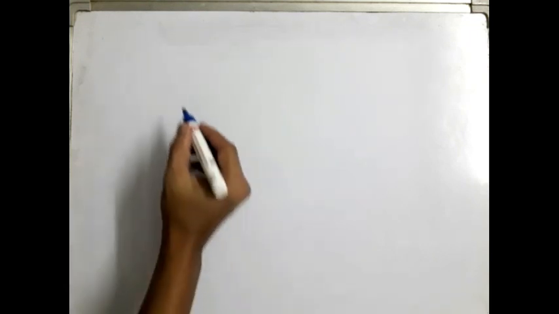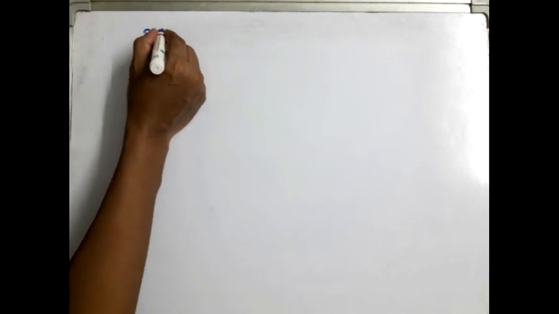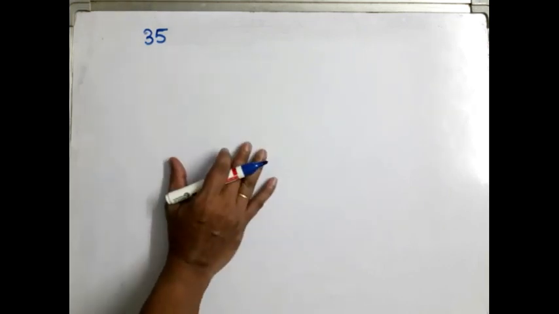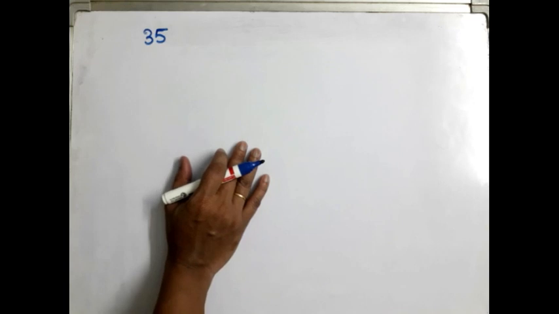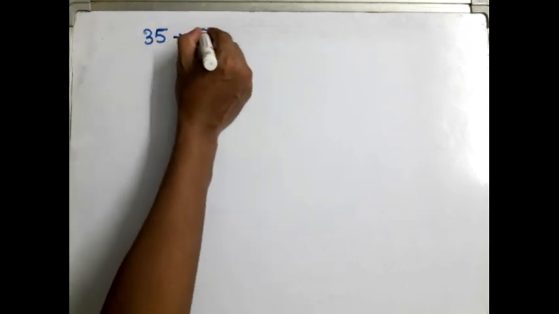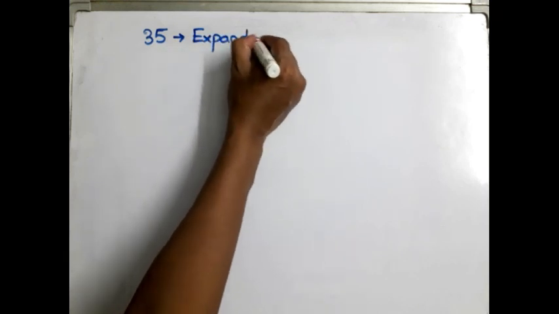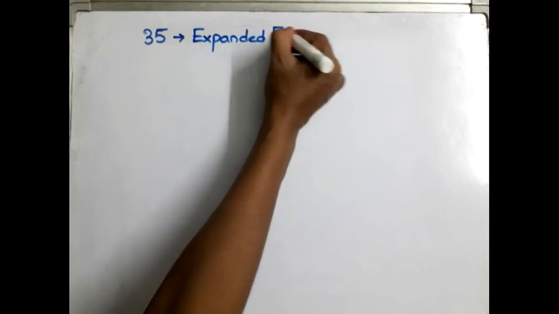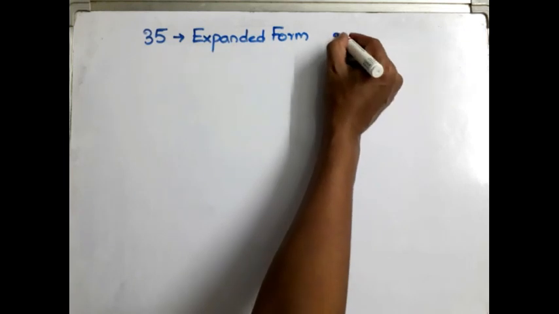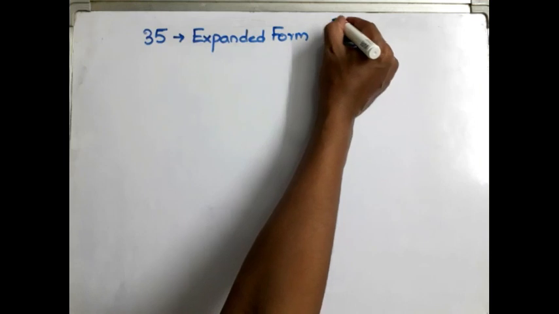Okay, look. I'm taking a 2-digit number, for example 35. Please observe the board very carefully. Very important concepts which are going to be helpful in the future also. So 35. If I want to write the expanded form of 35, which you have learned since your 5th class, how will you take it? 35, ones place, tens place.